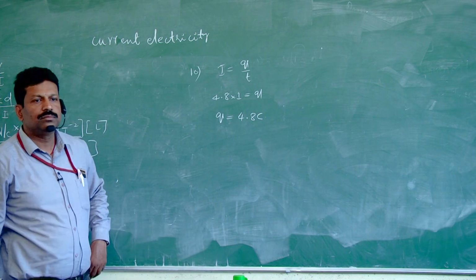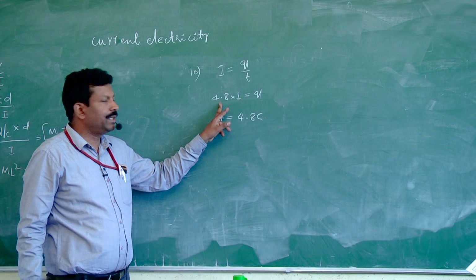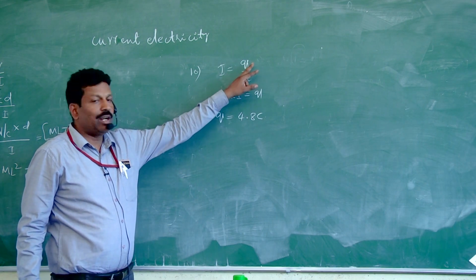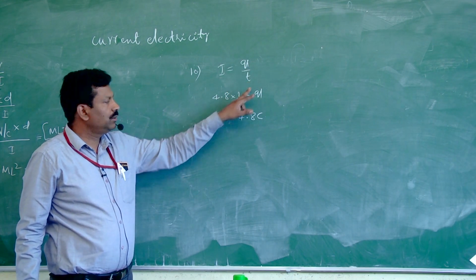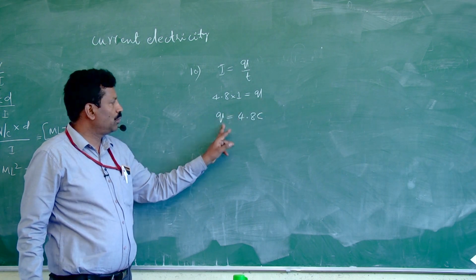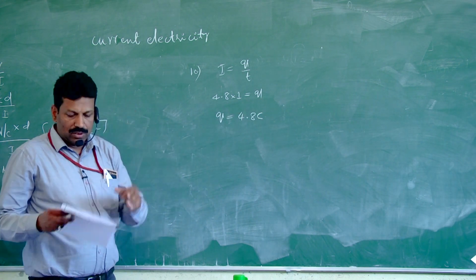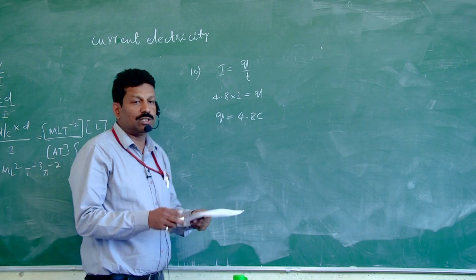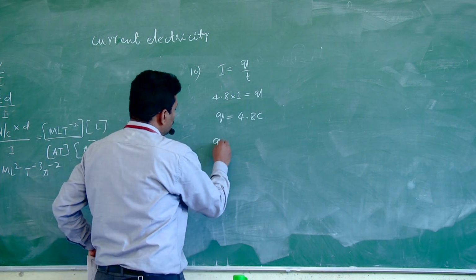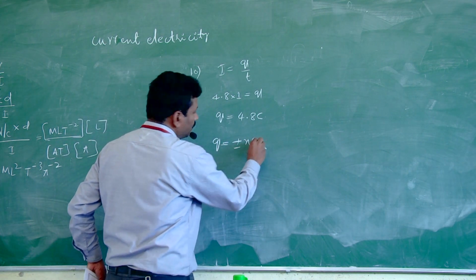Understood? Current is given as 4.8, so we have to find Q. Taking T as 1, therefore Q is equal to 4.8 coulomb. So what do we have to calculate? Number of electrons. So we know Q is equal to plus or minus n e.